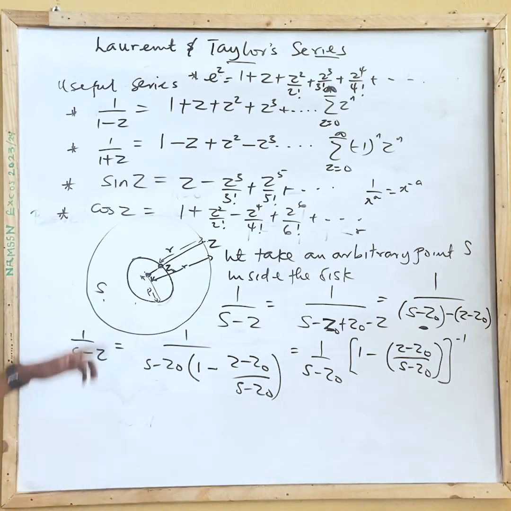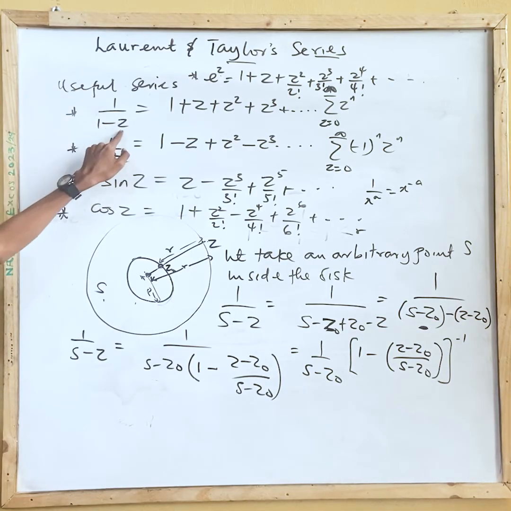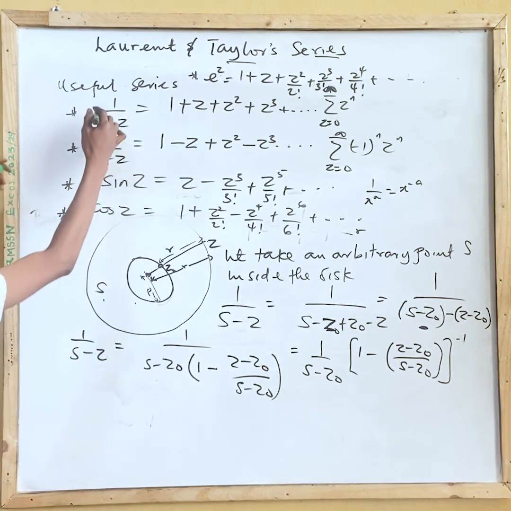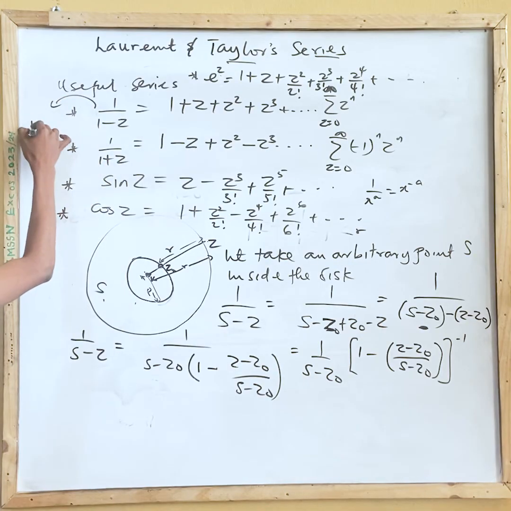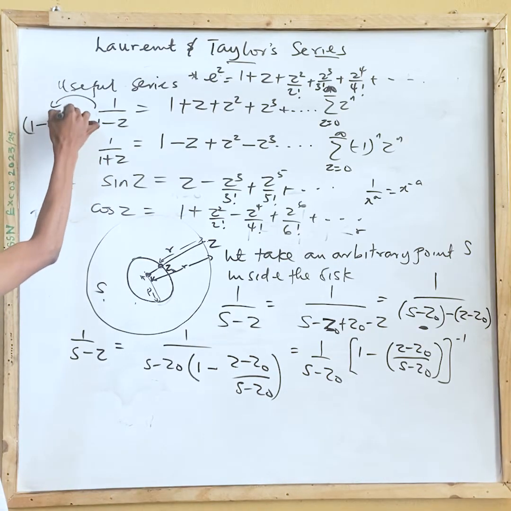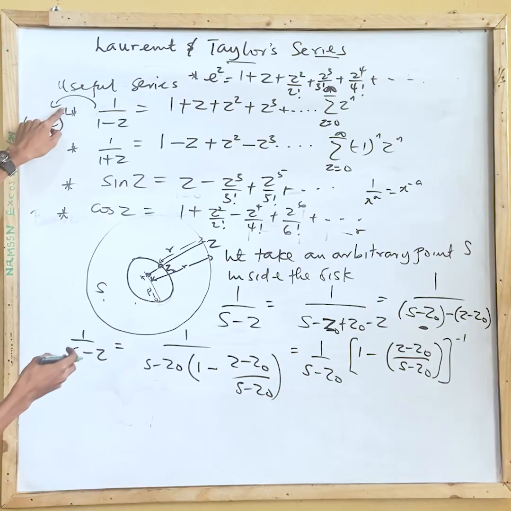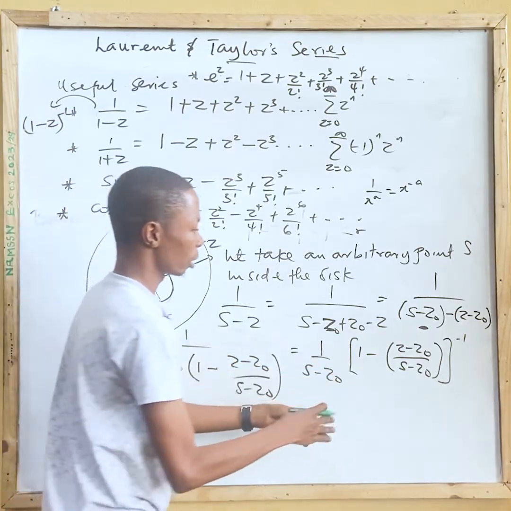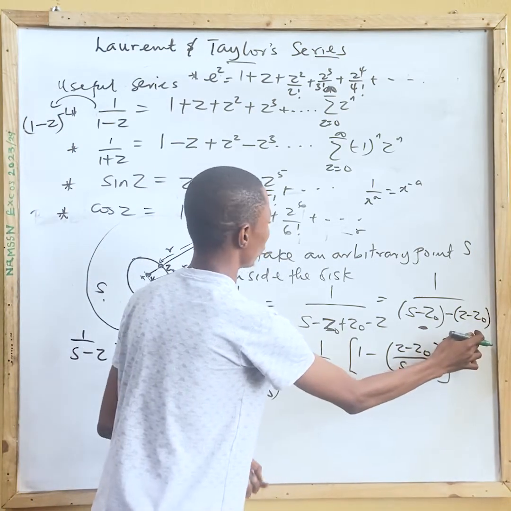And if you can recall from my first useful series, anytime we are having 1 over 1 minus something, I can write it in another form as 1 minus z raised to power minus 1. Here is 1 minus a function raised to power minus 1.